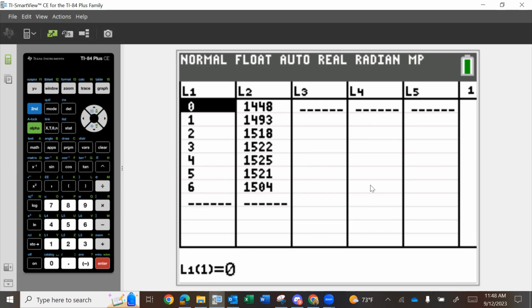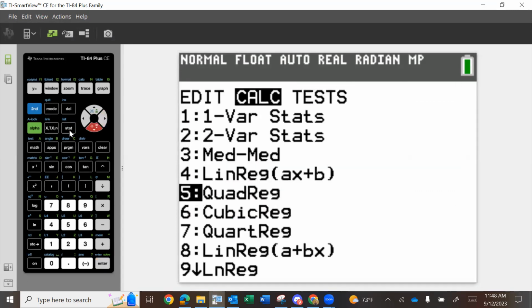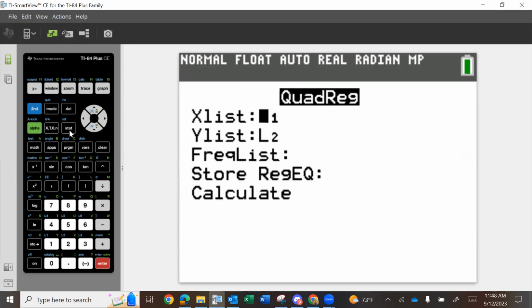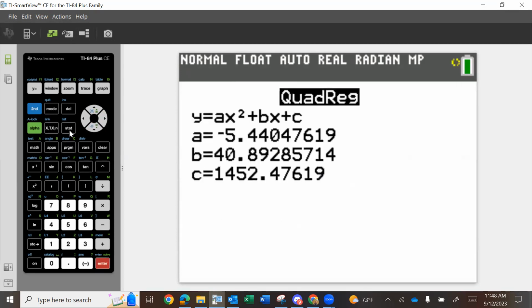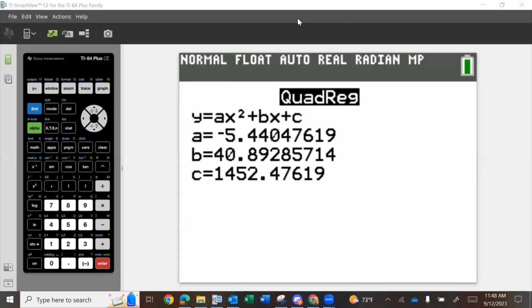I've got all my data in there, and I want to get the quadratic regression equation. So I'll go stat over and then down to quadratic, and again, it's L1 and L2. And so we got this. Let's write that down. I believe it said 3 decimal places.